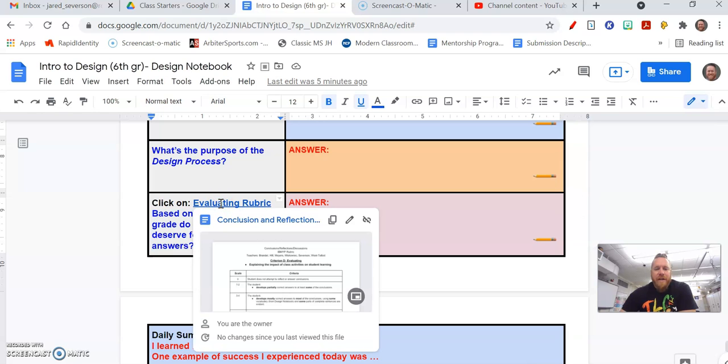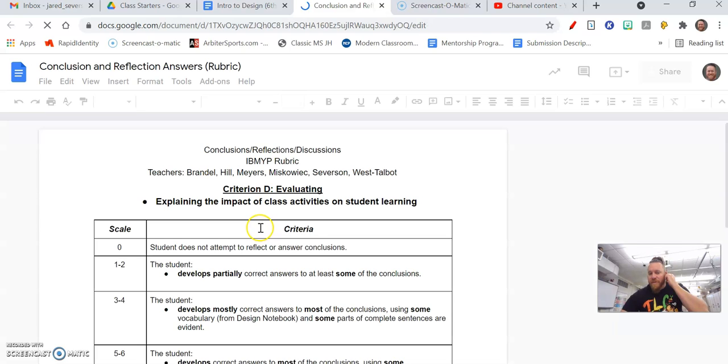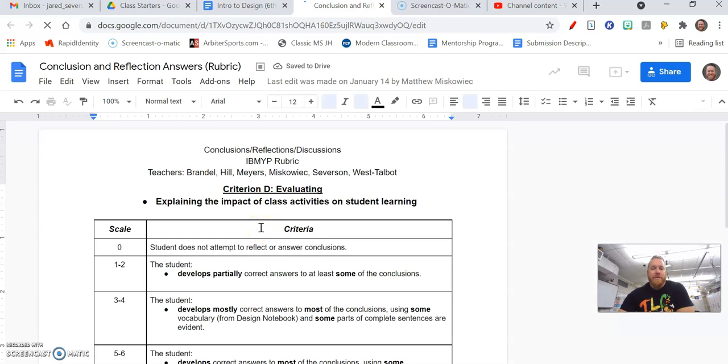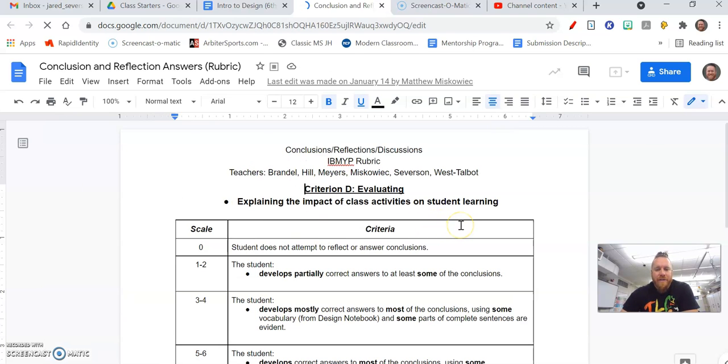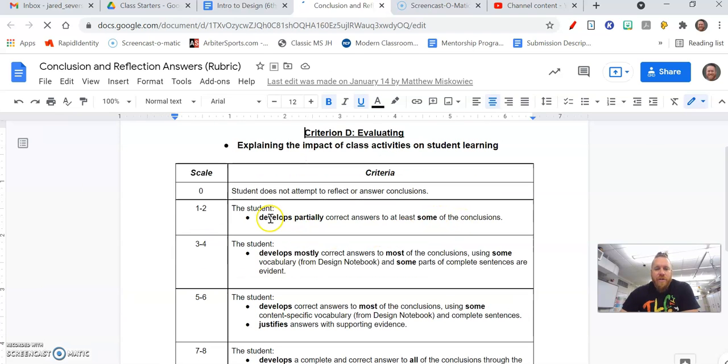So I'm going to ask you to click on that link. That's an evaluating rubric. And that's going to take you to this document. This is what I and your teachers look at when we're grading your conclusion answers and your evaluating answers. Do you just partially develop a correct answer to some of the conclusion questions? That's going to give you this grade of a 1 or a 2.